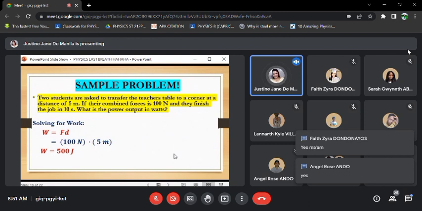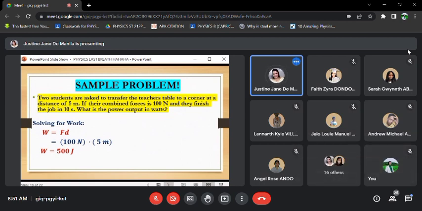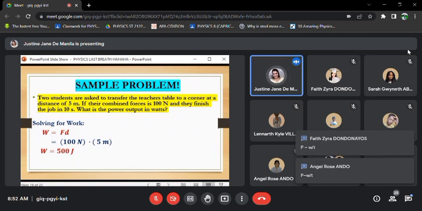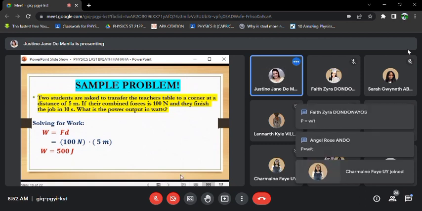Can we solve for power now, class? Yes, ma'am. So, what is the formula to get the power? Andrew, what is the formula for power? Okay, we have power equals work over time.